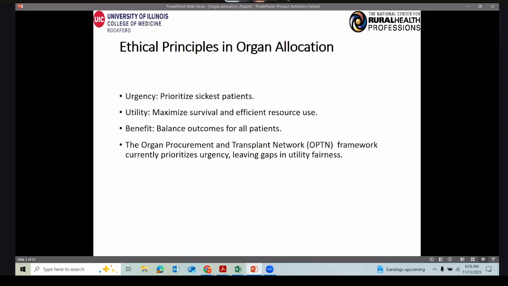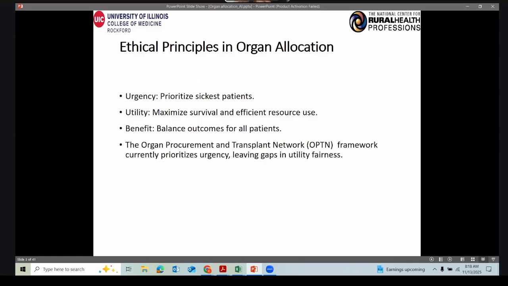Now, let's talk about the ethical principles that guide organ allocation. Whenever we think about allocating scarce organs like donor livers, we face difficult ethical decisions. The three main principles that guide these decisions are urgency, utility, and benefit.